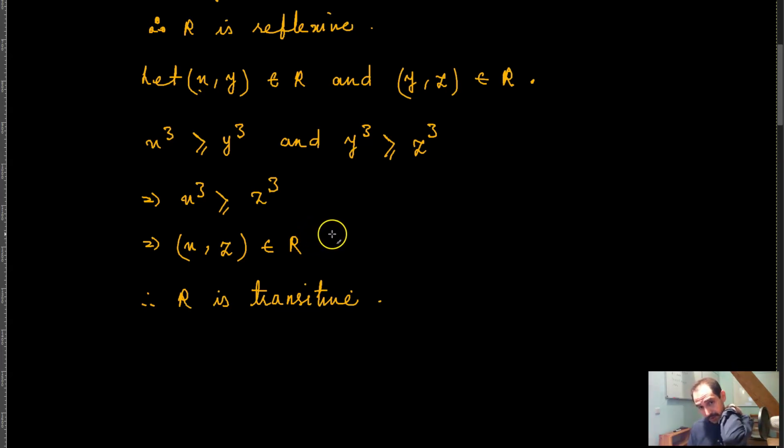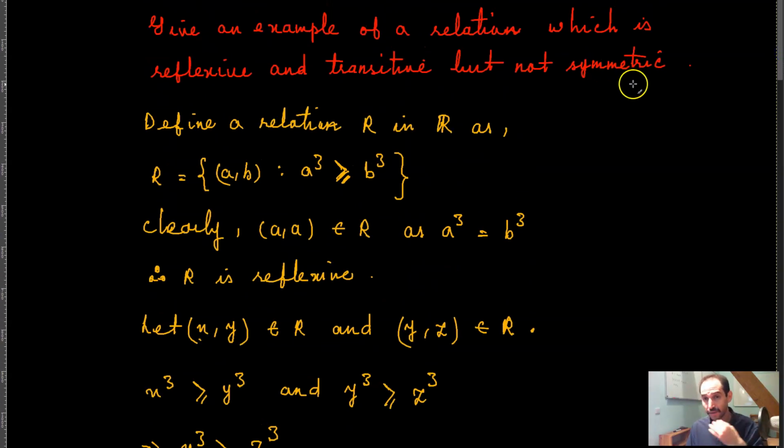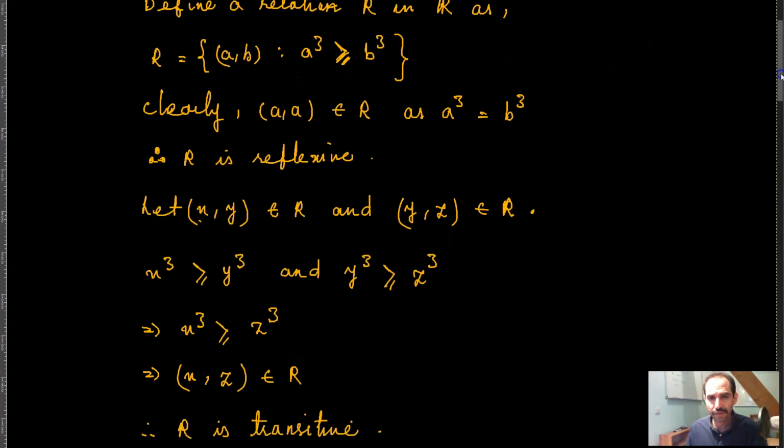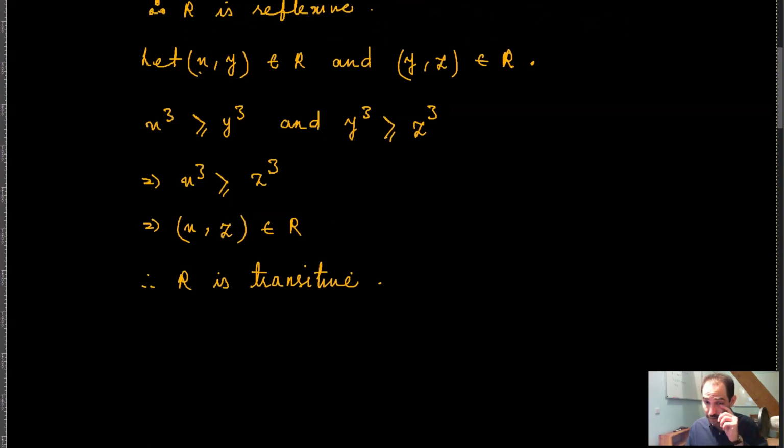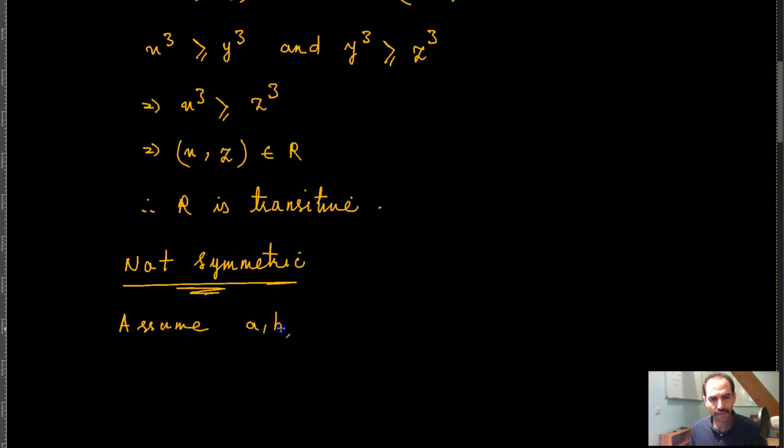Now about the part that it is not symmetric, let's assume that some (a, b) belongs to R, which means that a cube is greater than or equal to b cube, right?